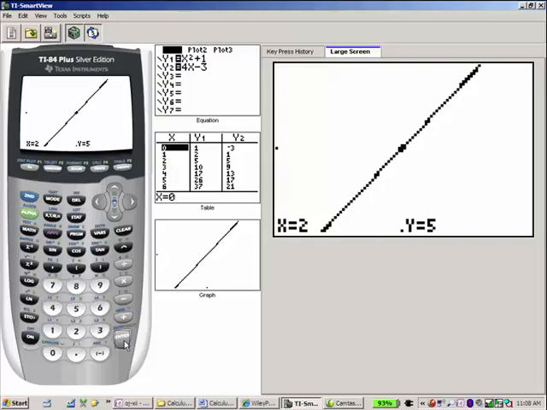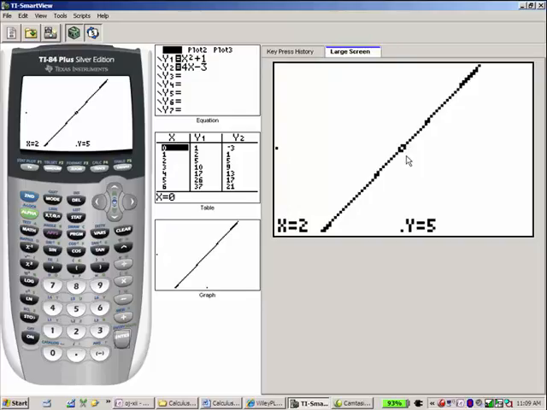It does. And it only touches at that one point. But in the neighborhood around that point, it's really close. So close that your calculator can't tell the difference, but they'll actually only intersect at that one point.